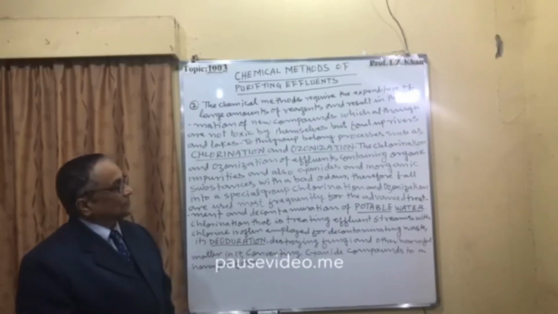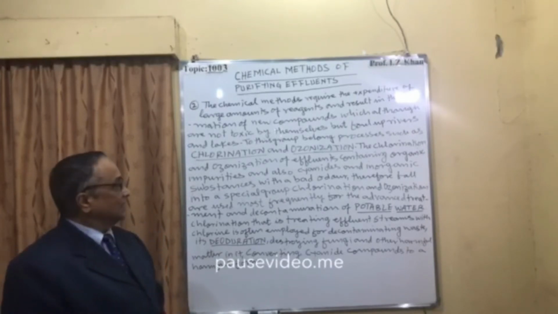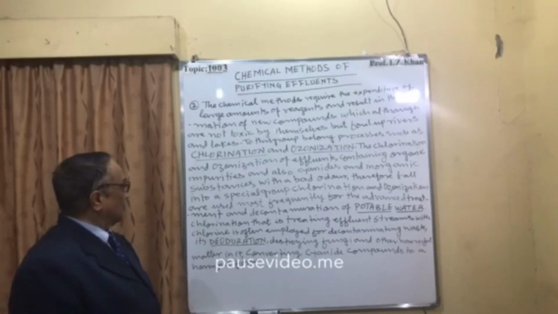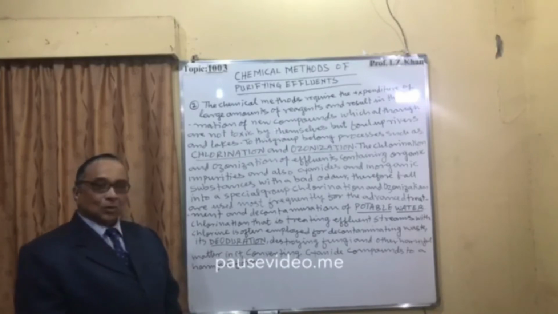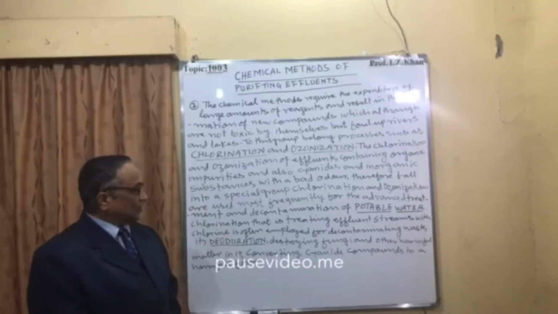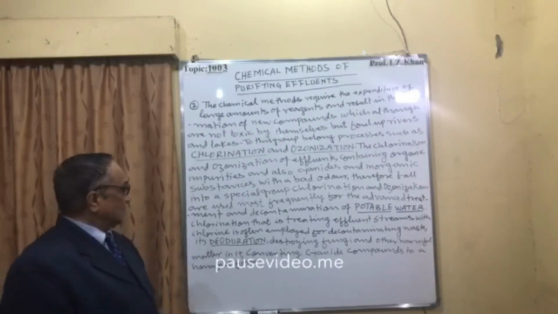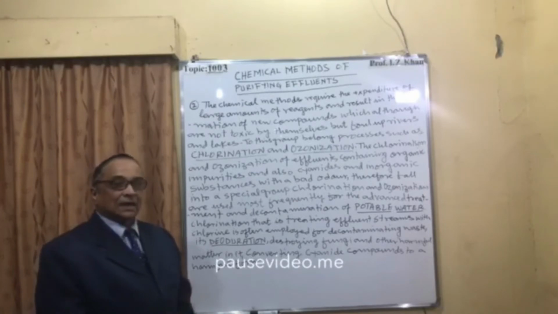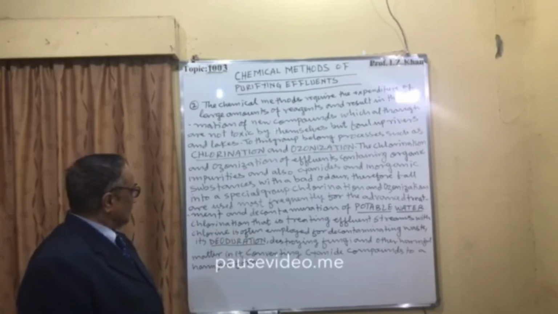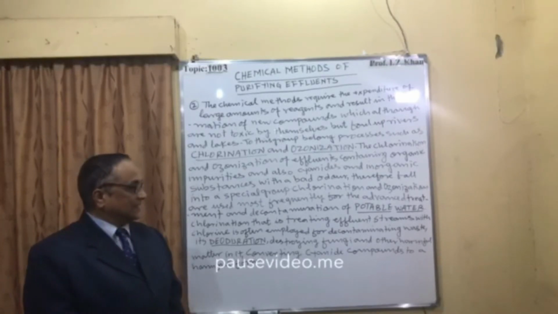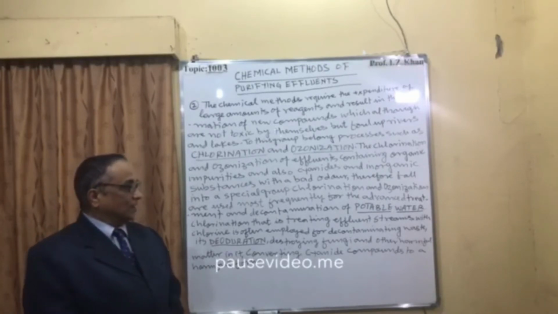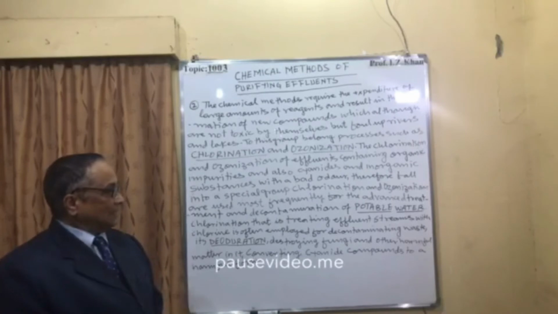Other substances such as sulfides or other sulfur-containing compounds, and also cyanides, give a bad smell, that is bad odor, and therefore fall into a special group. Chlorination and ozonization are used most frequently for the advanced treatment and decontamination of especially potable water, meaning safe drinking water. Chlorination, that is treating effluent streams with chlorine, is often employed for decontamination of waste.